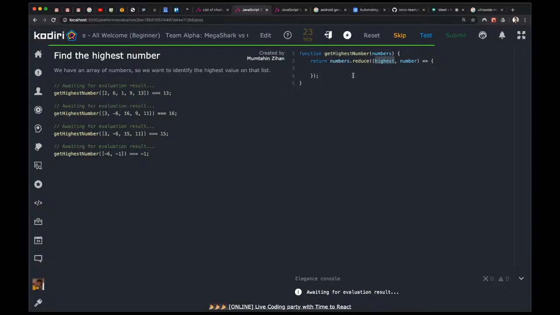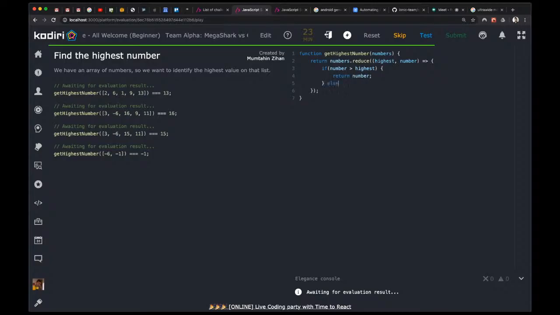So what I'm going to do is, look, if number is greater than highest, I can type it, then return number.